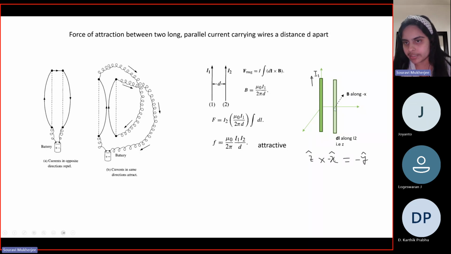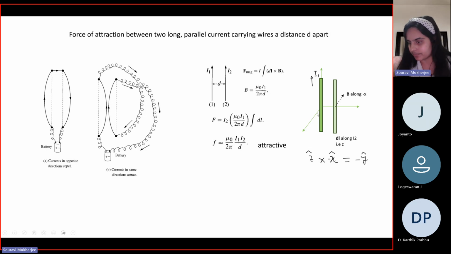At some distance d apart, the magnetic field direction will be along minus X. You can work it out using your right hand rule and you would see that it is along minus X. Now, the dl element that you choose is for the force on the second wire, so you take a line element on the second wire, and it will be along Z. So the direction of the force will be given as Z cross minus X, and that is equal to minus Y. Minus Y means it's towards the first wire.